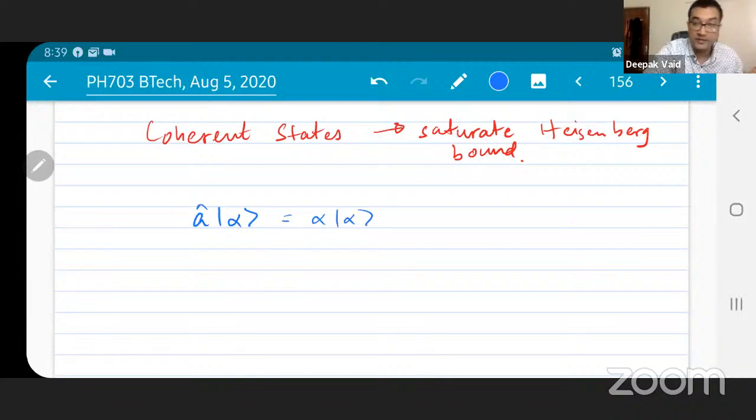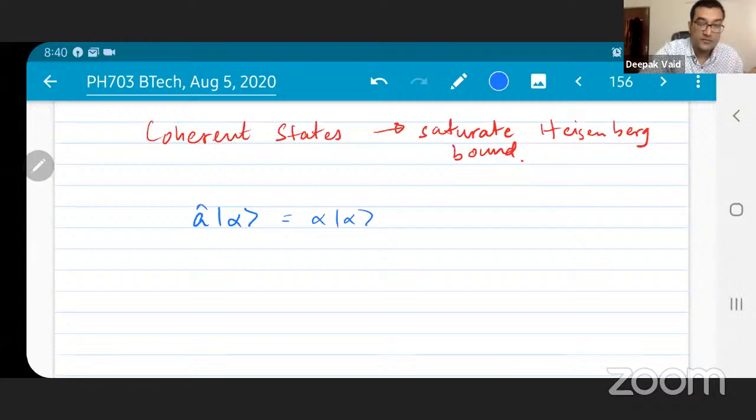A is the destruction operator. So for any operator, you can ask, what are the eigenstates, right? An operator has some matrix representation, right? And so you can always ask, this matrix will have some eigenvectors and eigenvalues. What are those eigenvectors and values?